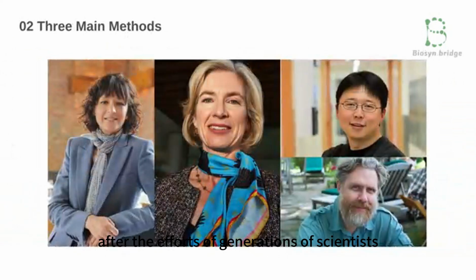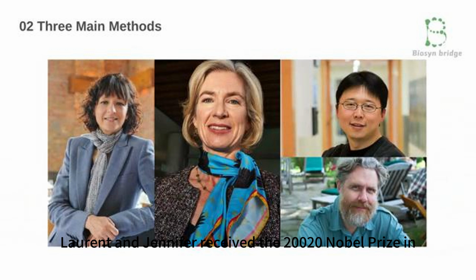After the efforts of generations of scientists, Jennifer Doudna and Emmanuelle Charpentier published an article in Science in 2012 to prove that artificially designed guide RNA can guide Cas9 to achieve site-specific cleavage. Emmanuelle and Jennifer received the 2020 Nobel Prize in Chemistry. In 2013, the team of Chinese-American scientists Feng Zhang and George Church applied CRISPR-Cas9 gene editing technology to mammalian and human cells.